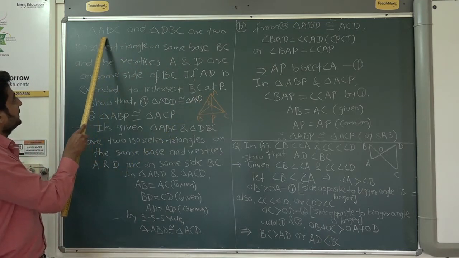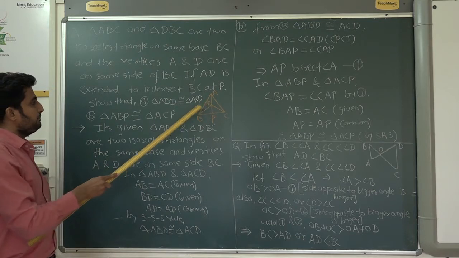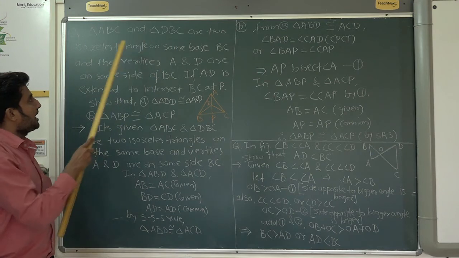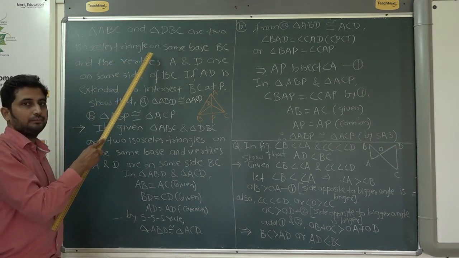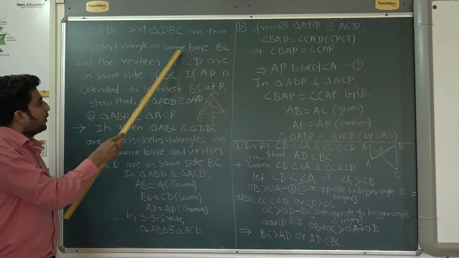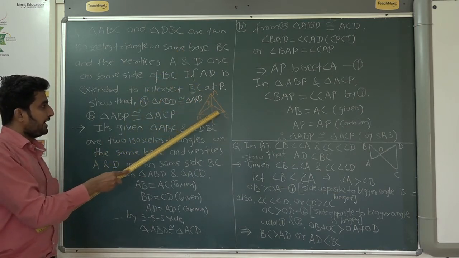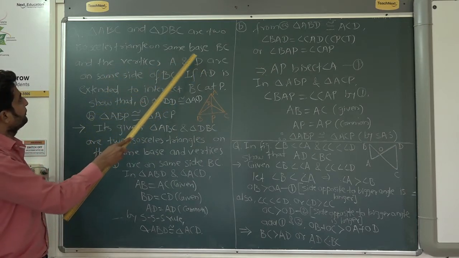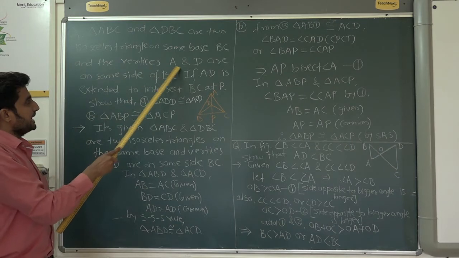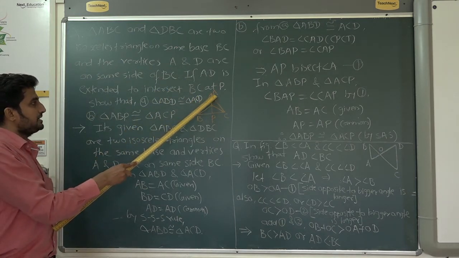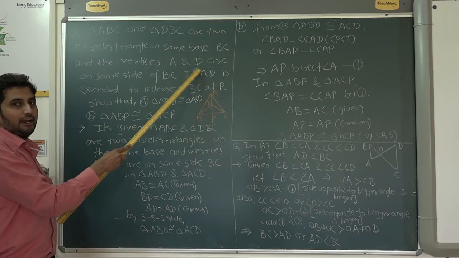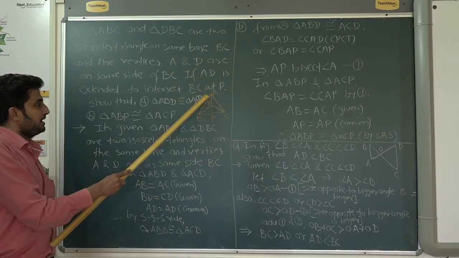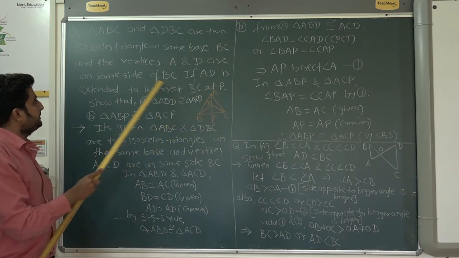Now, what is given? Triangle ABC and DBC, these two triangles are isosceles triangles. In both triangles, BC is the common base, and the vertices A and D are on the same side of BC.